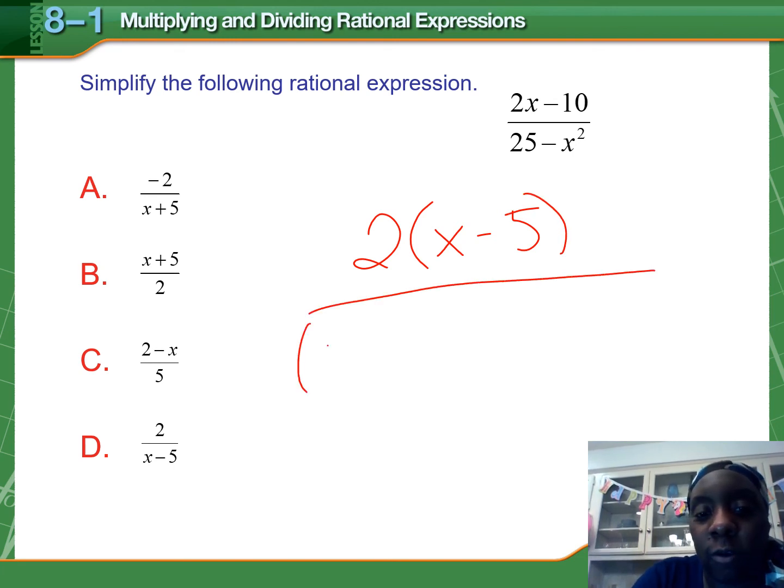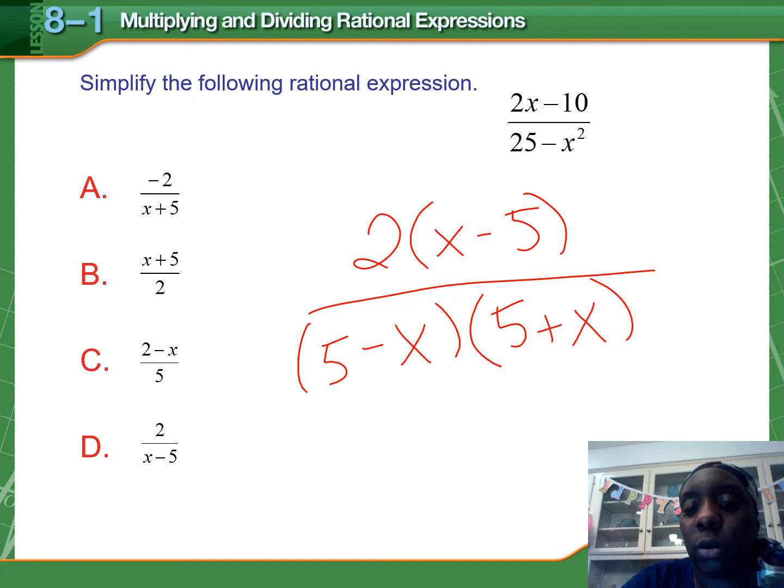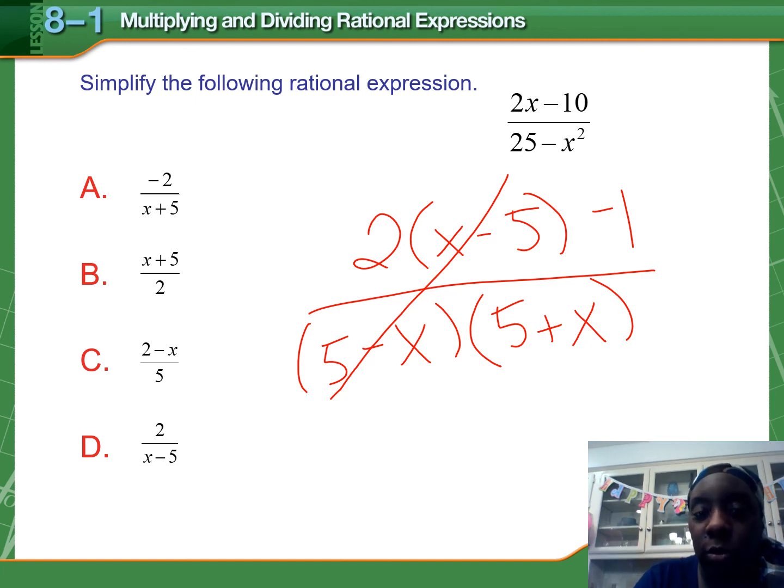Difference of squares, 5 minus x and 5 plus x. So what should I do? Oh, look at that. Same term with a minus sign. I can turn that to a negative 1. Well, this one's easy to find. We know we need a negative 2. There's only one answer with a negative 2. So we know that's our answer.